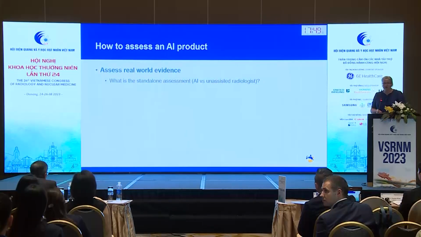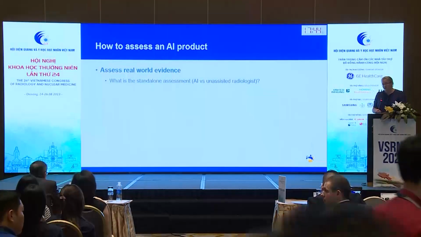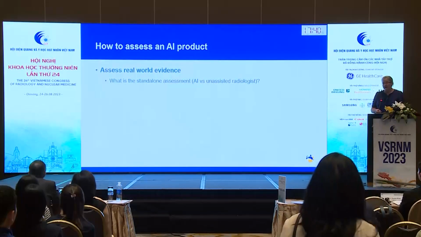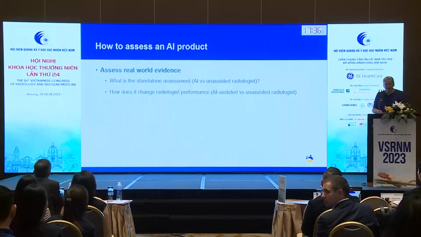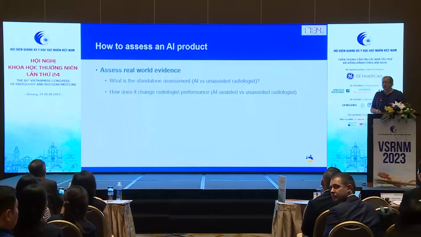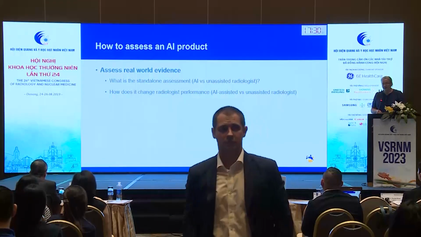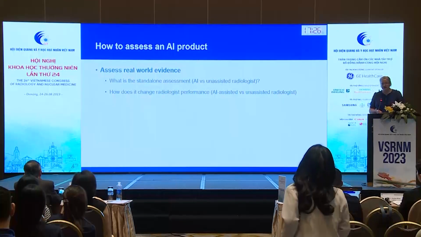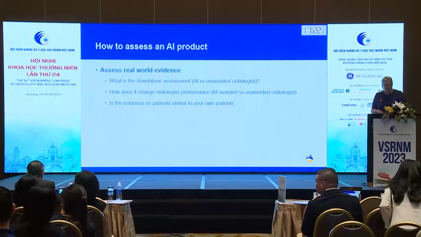The first question is, how does that AI product perform compared to some sort of ground truth or gold standard? And we can also look to see how the AI compares to a radiologist. Really important information is how the radiologist's performance changes when they have access to the AI, because we are starting to use AI now as an assistant to the radiologist.